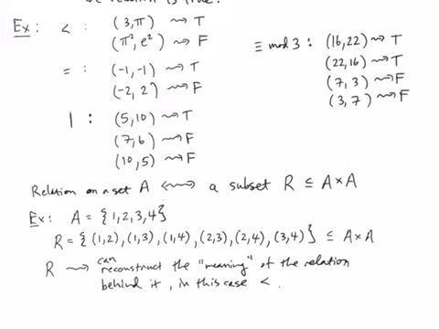Convince yourself that you can mentally reconstruct the original, like the sort of meaning of the original relation that was behind those subsets. That really nothing is lost by just throwing away the original mental model you had of this relation and replacing it purely with the subset R itself.